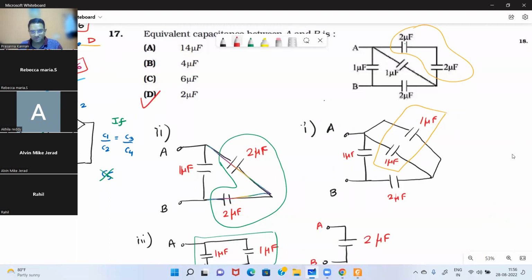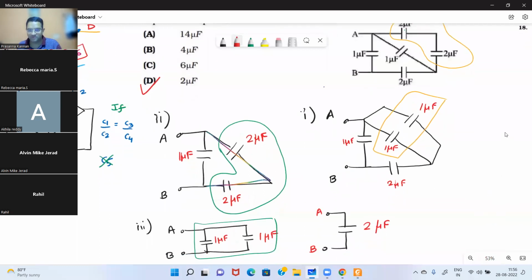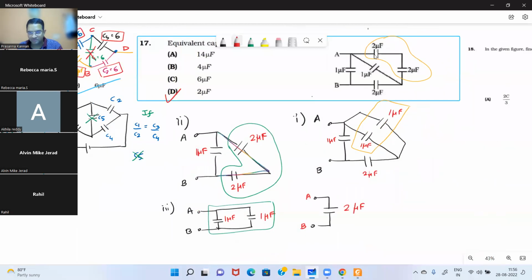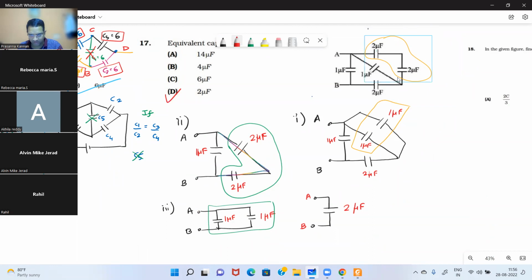Let's go through it once. We are supposed to find the equivalent capacitance. As you can see, we start with these two. These two are in series because there is no other parallel path. If you consider resistors, the current entering here will not branch anywhere.